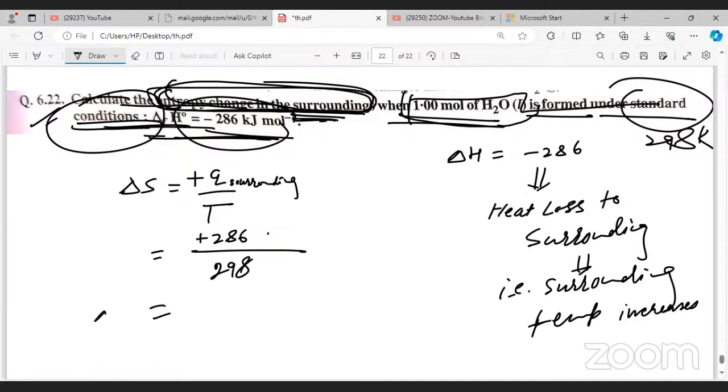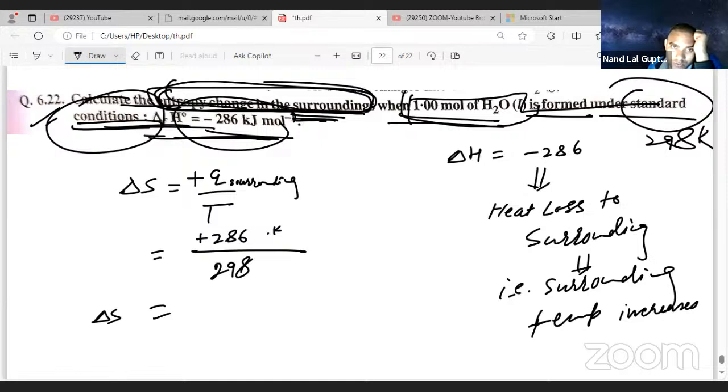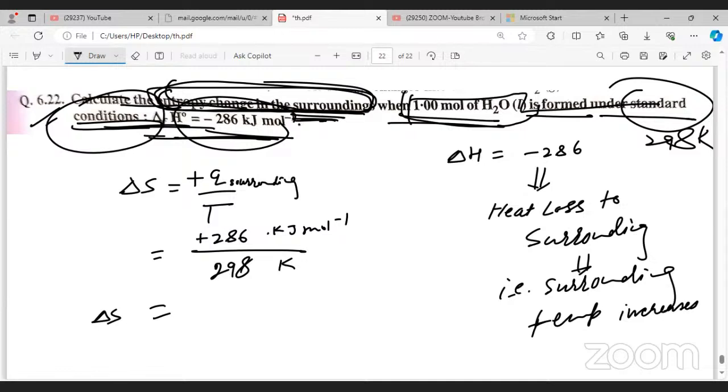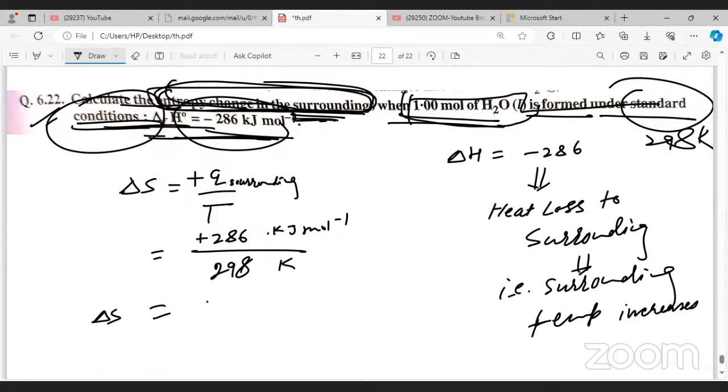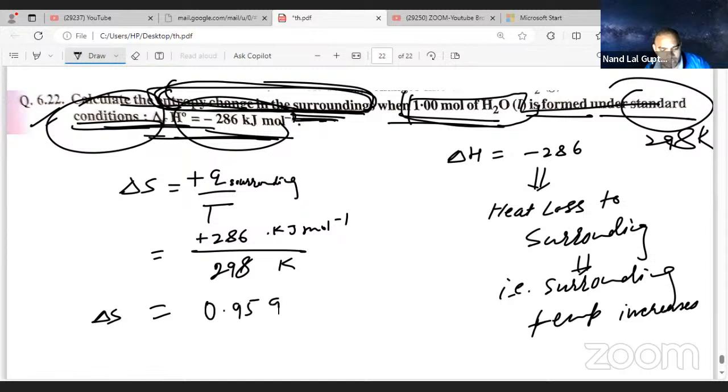So delta S, what will be there? The unit, if you are writing kilojoule mole inverse, is there, and here is Kelvin. So if you divide this one, how much is going to come here? Can you do it? 286 divided by 298 is coming something like 0.959 kilojoule mole inverse Kelvin inverse.